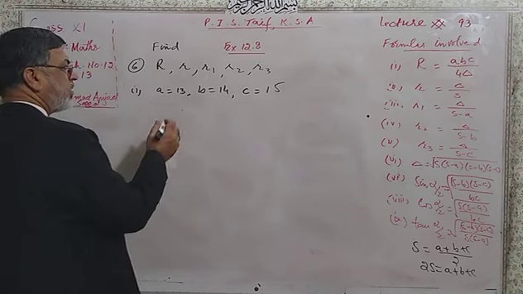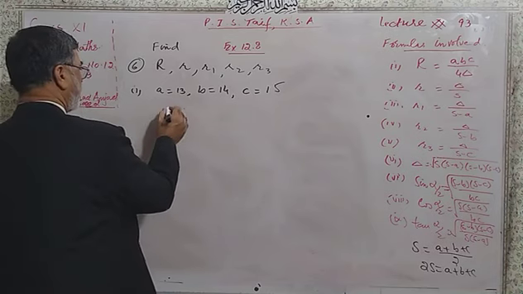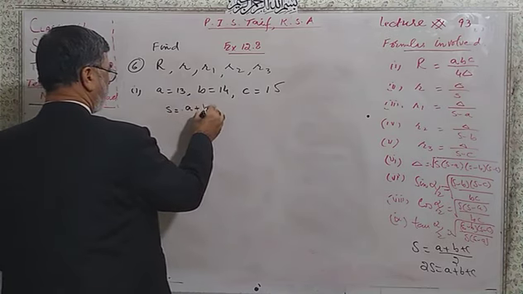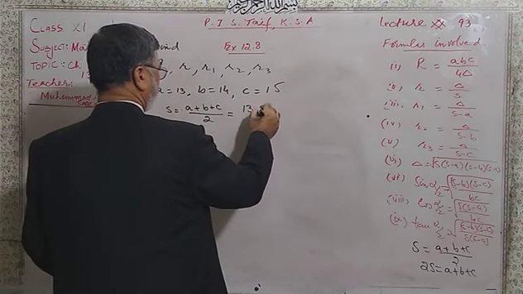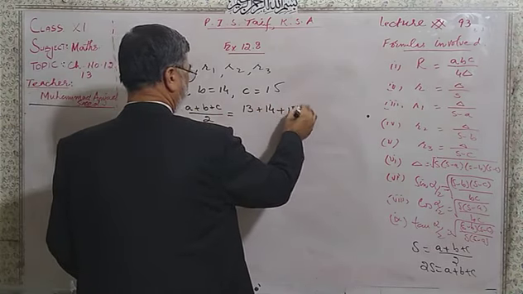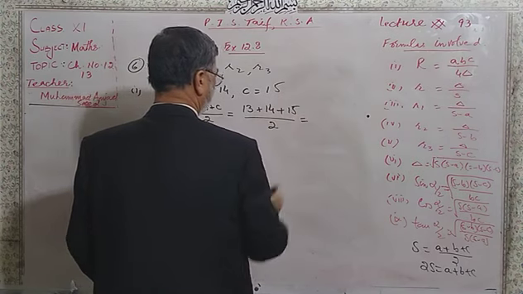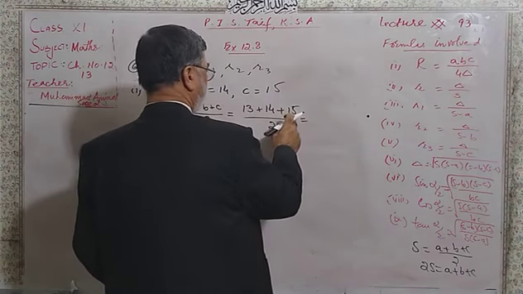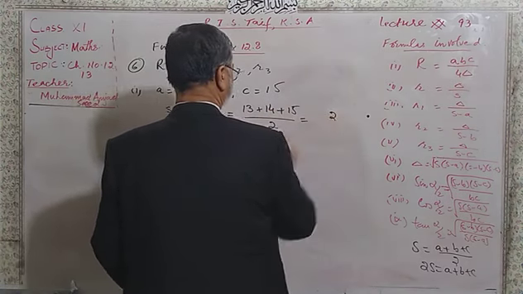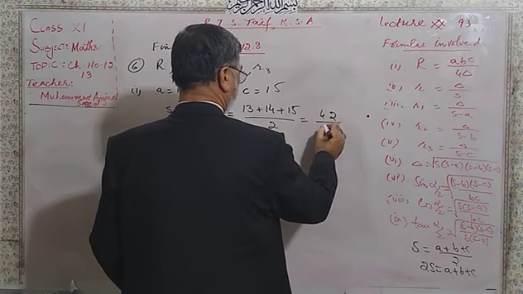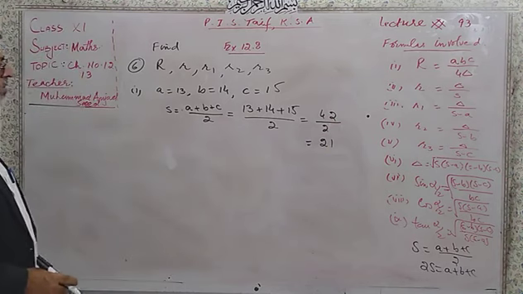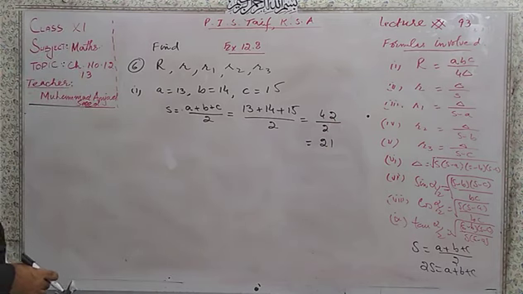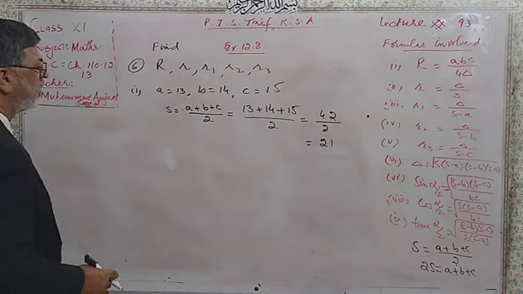So first is to find the value of S. A plus B plus C over 2. 13 plus 14 plus 15 over 2. That will be 42 over 2, that is 21.